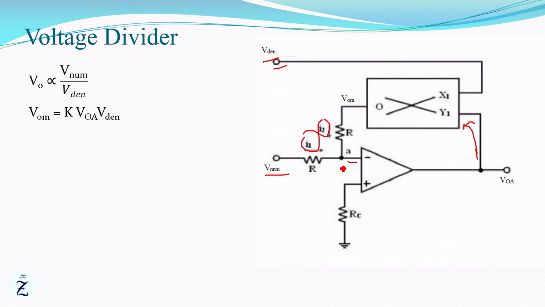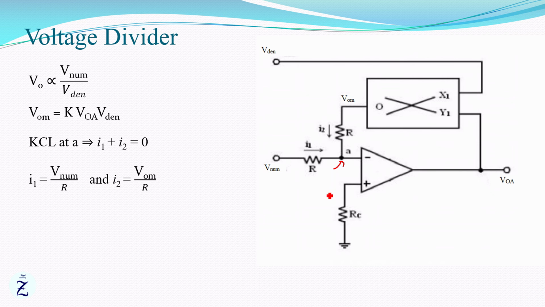Then apply KCL at this point A, and we get I1 plus I2 is equal to 0. Here node A is at virtual ground because this terminal is connected to the ground, so the voltage at point VA is equal to 0.